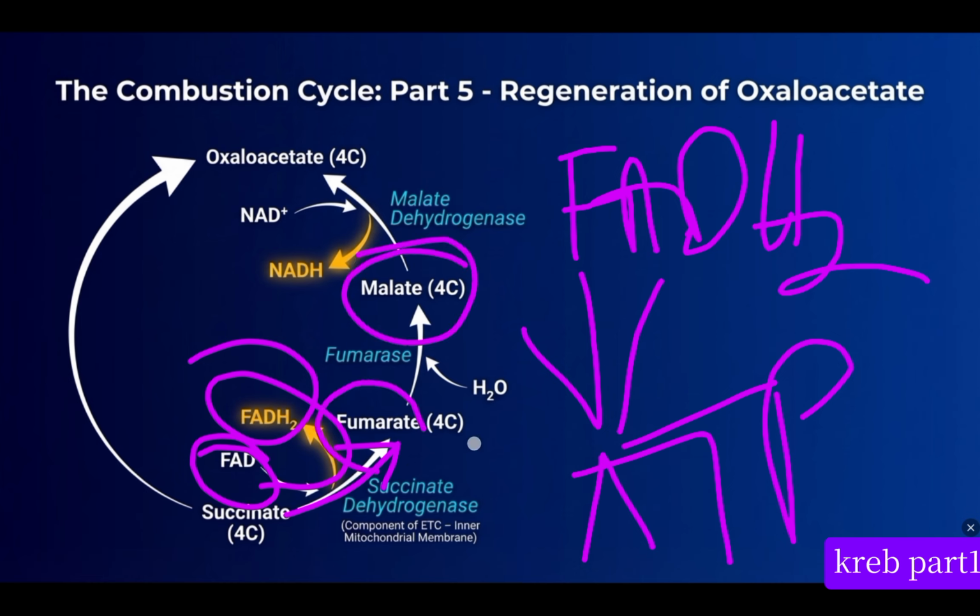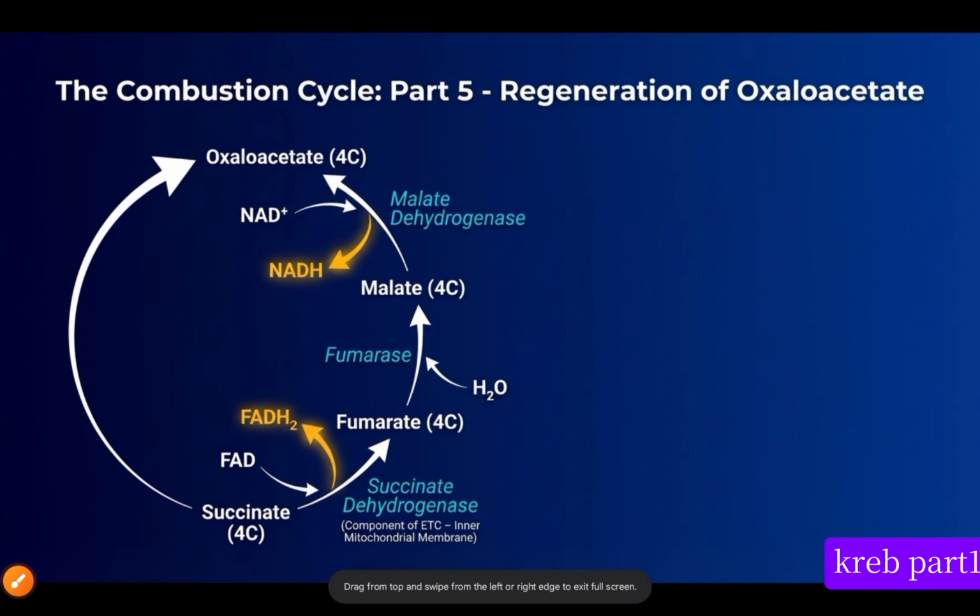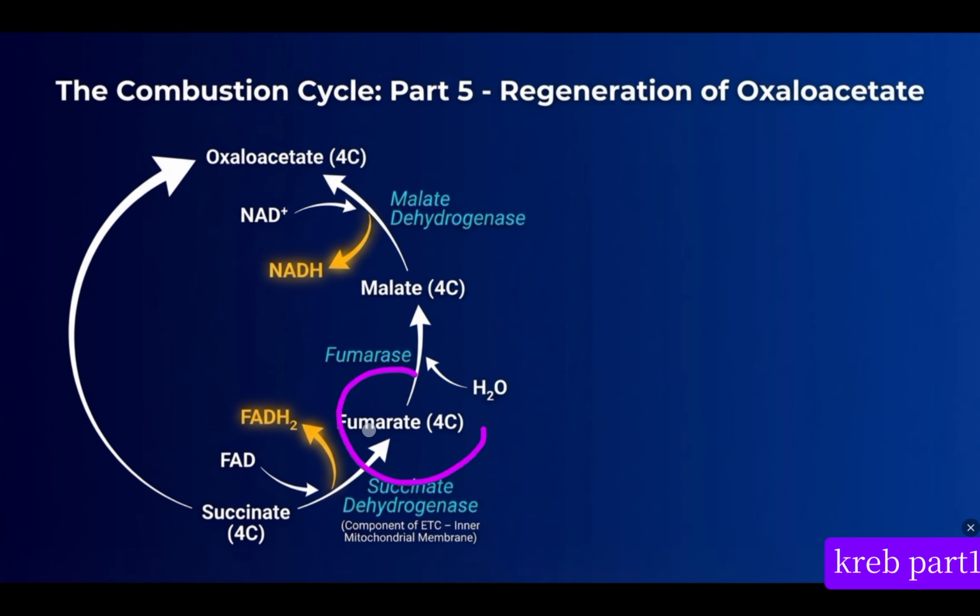This is fumarate, and fumarate is converted to malate by an enzyme known as what? Fumarase. How? This fumarate now takes a water molecule, and this process is known as what? Hydration. So what is the function of fumarase?